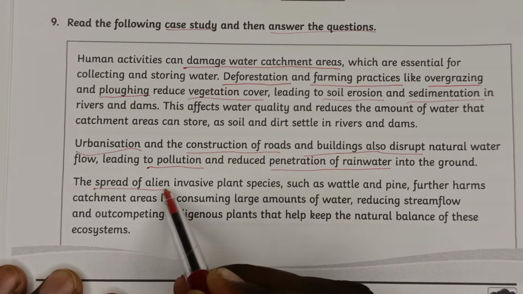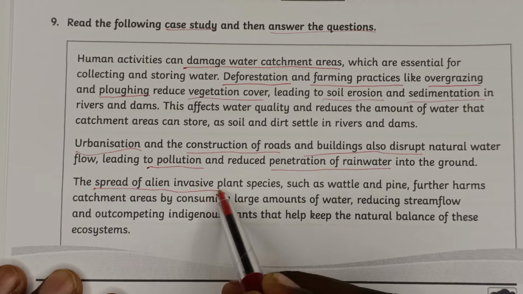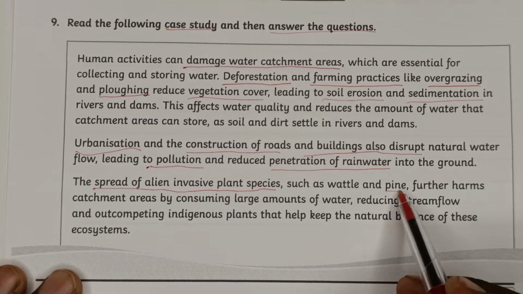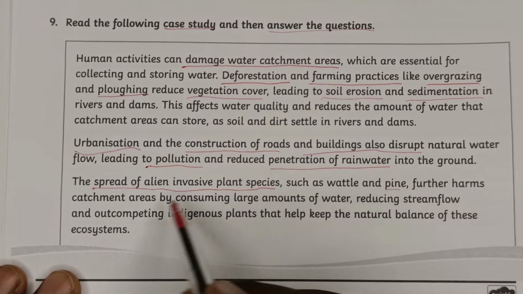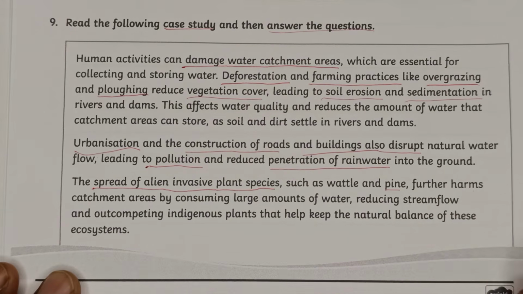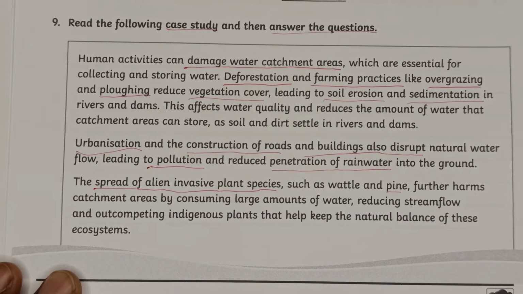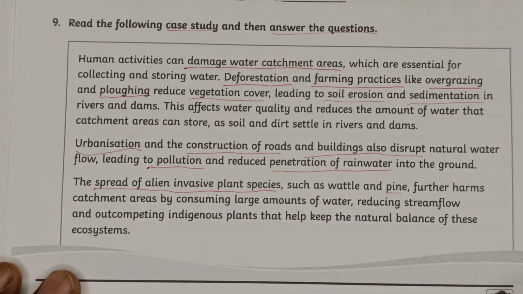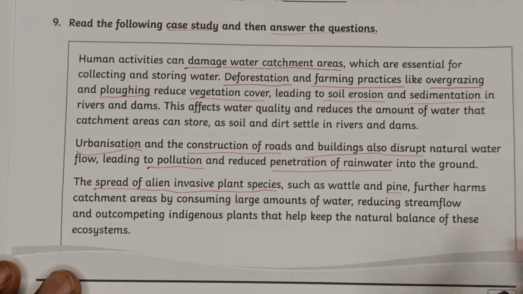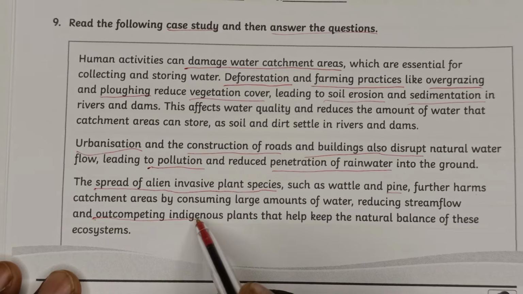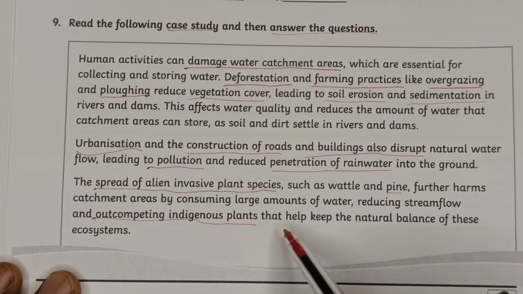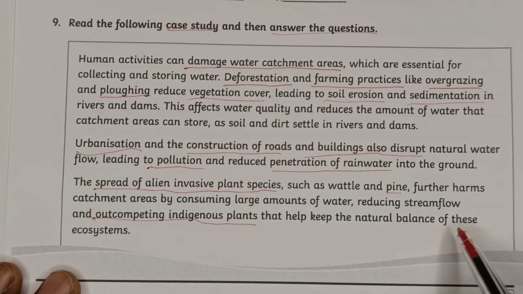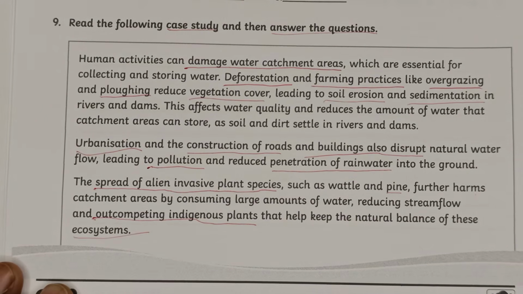The spread of alien invasive plant species such as wattle and pine further harms catchment areas by consuming large amounts of water, reducing stream flows and outcompeting indigenous plants that help keep the natural balance of these ecosystems.